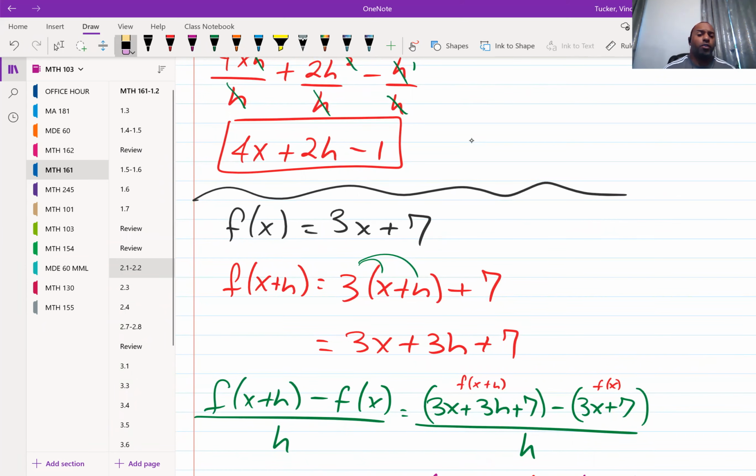All right, so now that you have f of x plus h, you can plug it into the formula. And that's what I did right here: 3x plus 3h plus 7 minus 3x plus 7 over h. All right, distribute your negative.